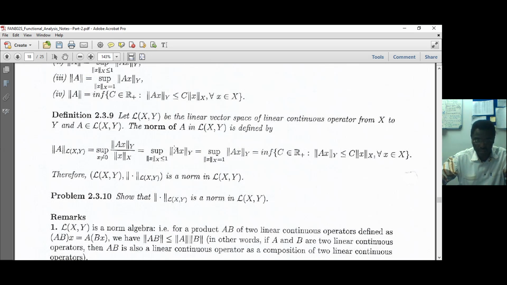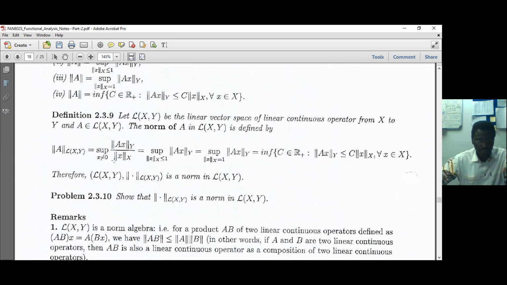So it's up to you to select which norm you want. But that's how you define the norm in that space. Now, if you take the space of bounded linear operators from X to Y with this norm, it is a normed space. Good.